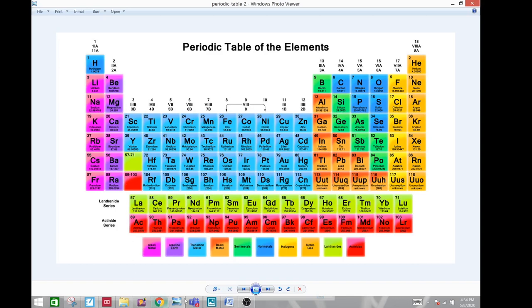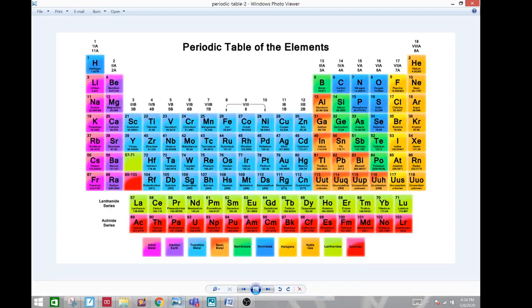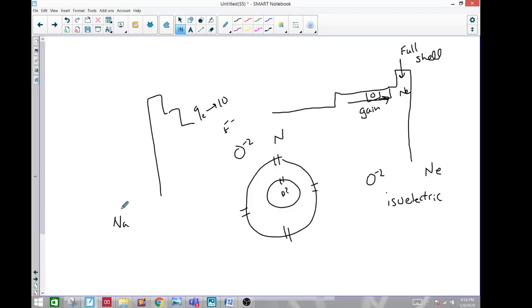So let's take a moment and try this out. Okay, let's try sodium for example. Now sodium, Na, has 11 protons. Okay, so let's draw it out. So first energy level, 2. Second energy level.